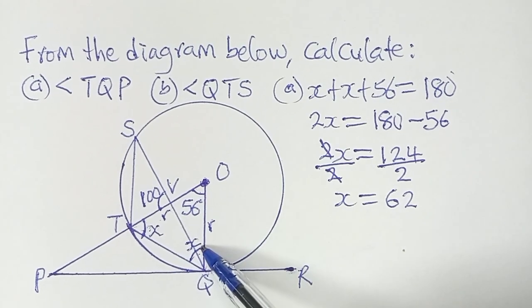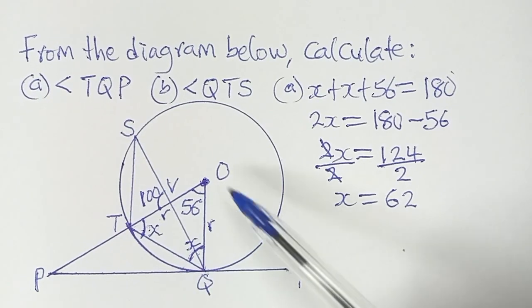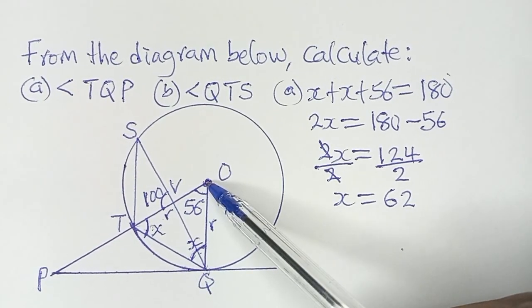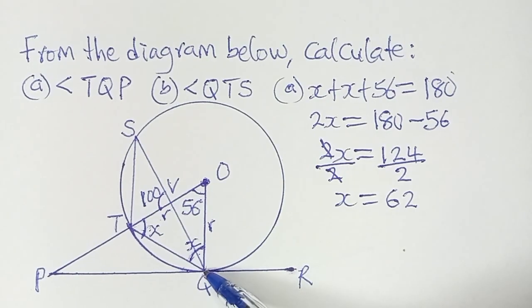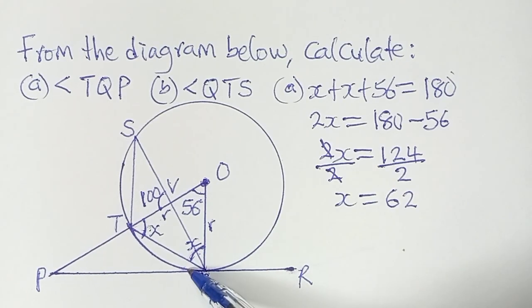So the whole of this angle here is 90 degrees, a right angle or perpendicular. That is what that theorem says. So when you see a line from the center of a circle onto a tangent, the angle that that line makes with the tangent is 90 degrees.